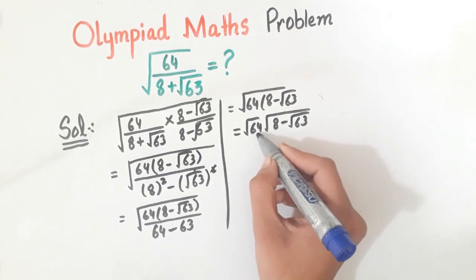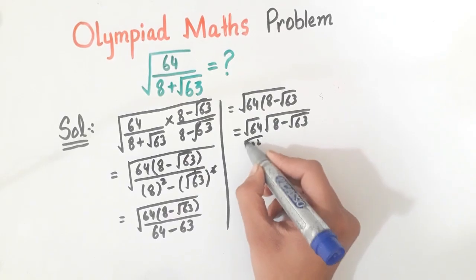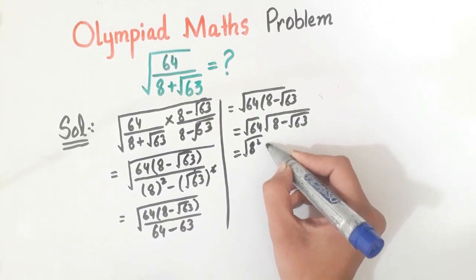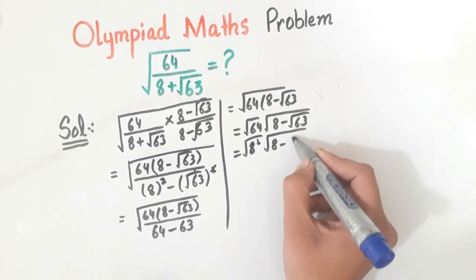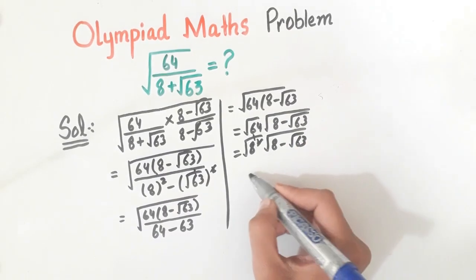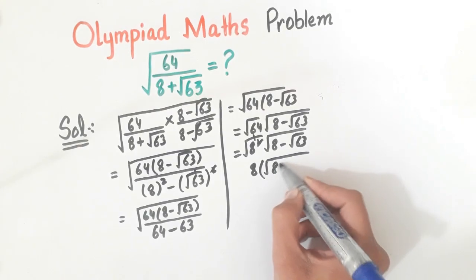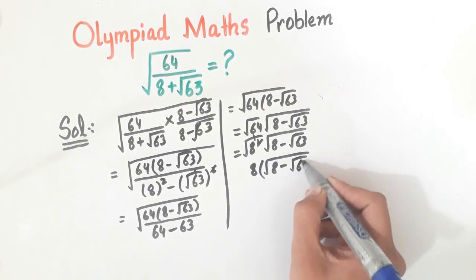Now this equals 8, and square root of 8 minus square root of 63. Now this square is cancelled out by this square root, so we have only 8. So 8 is multiplied by 8 minus square root of 63.